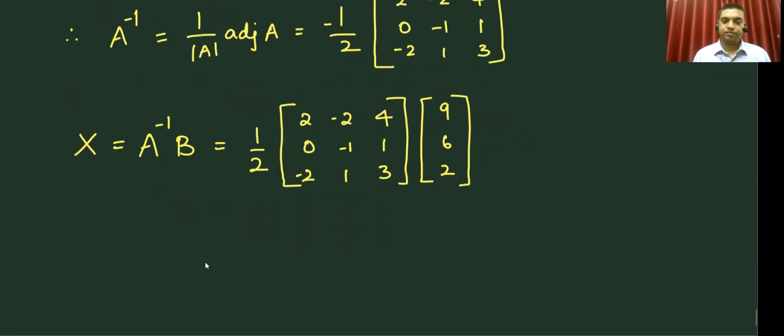So let us do it now. This is 3 by 3 into 3 by 1. You will get 3 by 1, 3 rows, 1 column. So 2 minus 2, 4 multiplied with 9 6 2. So 2 nines, 18, minus 2 sixes, 12, plus 4 twos, 8.